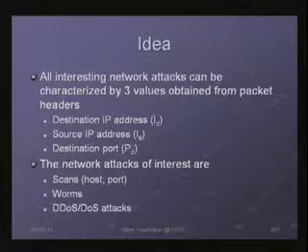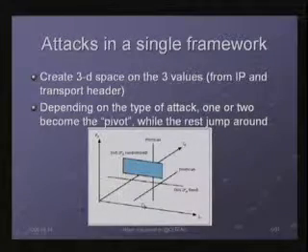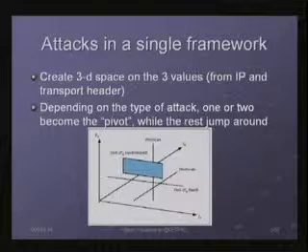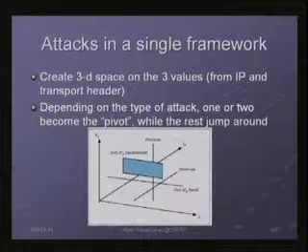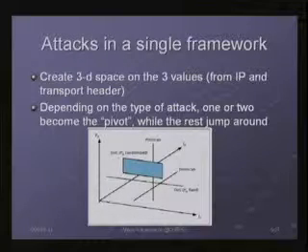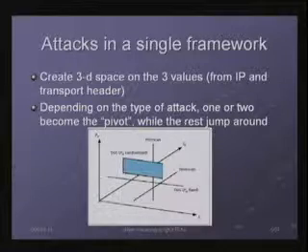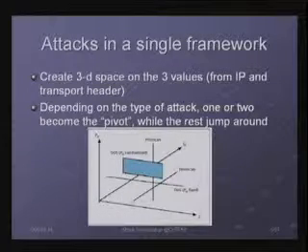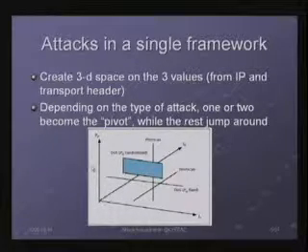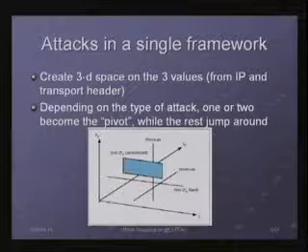So if you visualize this idea, you can draw this picture. We talked about three values, so we're going to use those three values to generate this 3D space, drawn on these three axes: source IP address, destination IP address, and destination port.